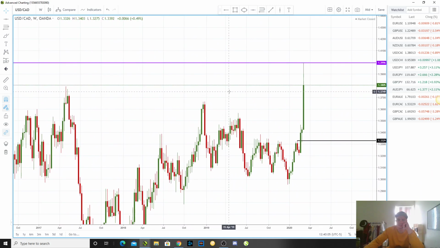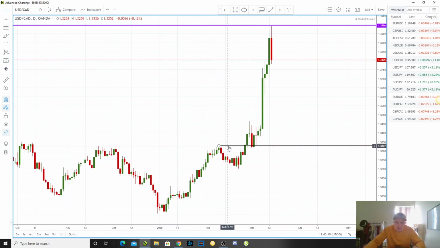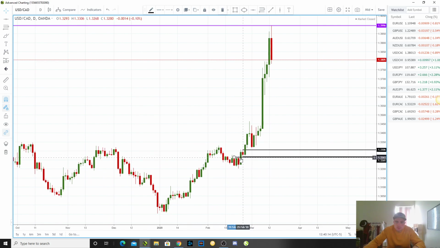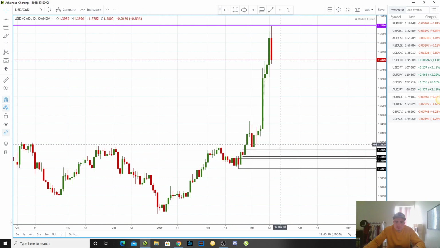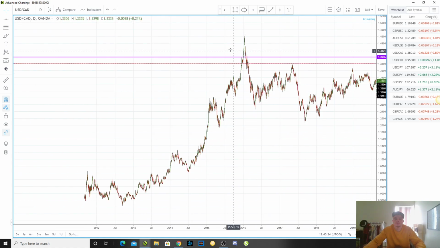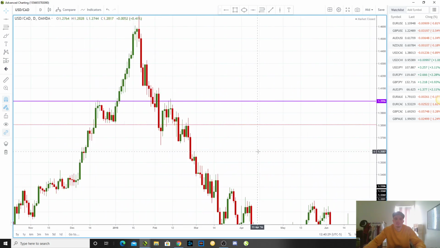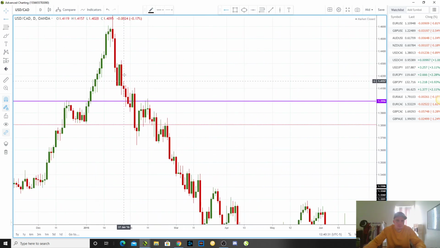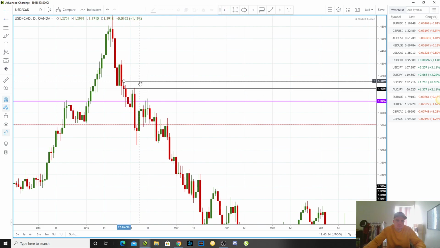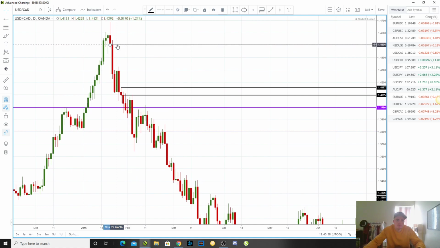It's effectively anything above the purple line. If that level breaks, we're trading this one.